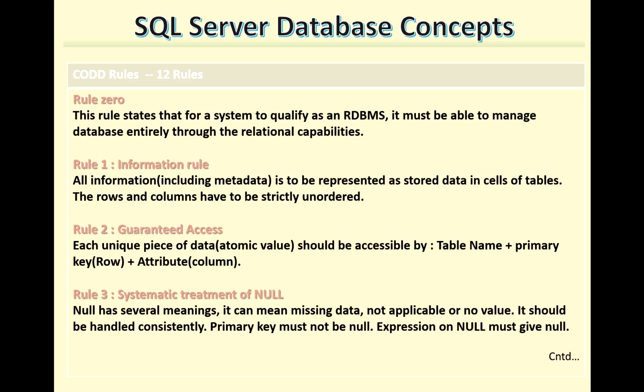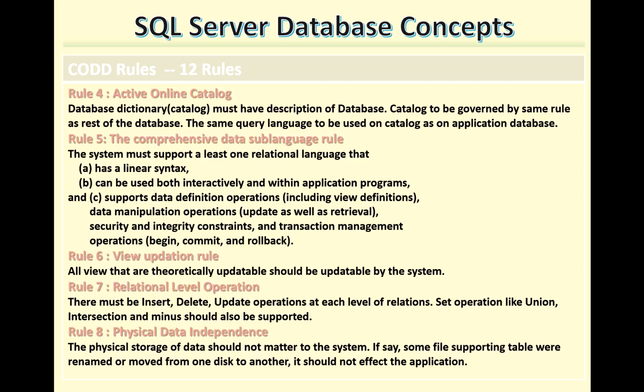The treatment of null should be handled consistently. That means when null means one thing in one table, that should be consistent across all the tables in that database. That is systematic treatment of null.